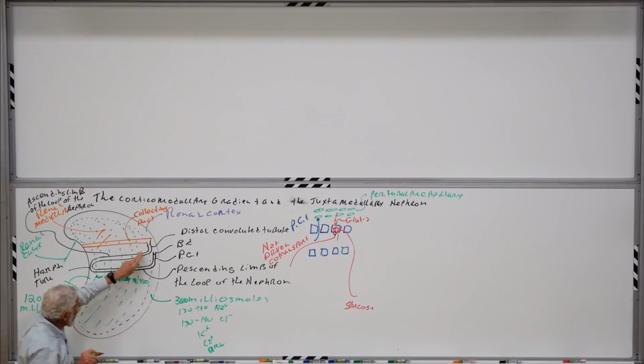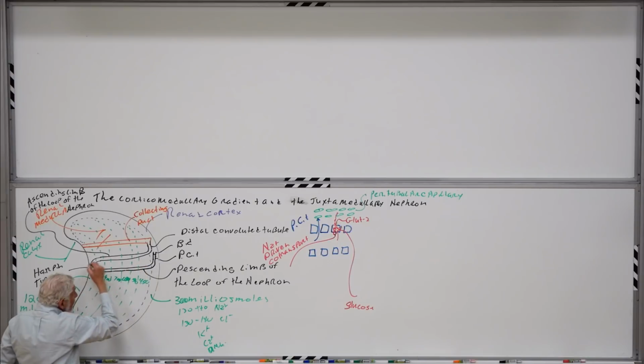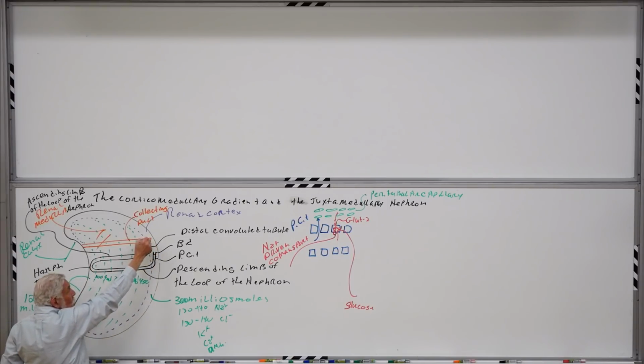The only place we have them is here. So if you don't use these sodium-driven co-transporters to remove glucose here, it doesn't get done. It moves through the descending limb and the ascending limb out into the collecting duct to the outside world.